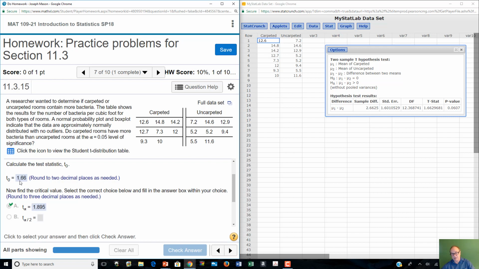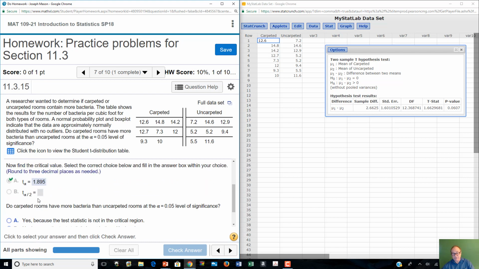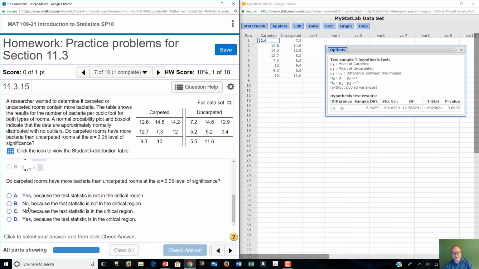So it's going to be fail to reject. So, do carpeted rooms have more bacteria than uncarpeted rooms, at this level of significance? Answer would be, well, you're going to fail to reject, so you can't say it does have more. So you're going to say no because the test statistic is not in the critical region, which I just explained. Okay?